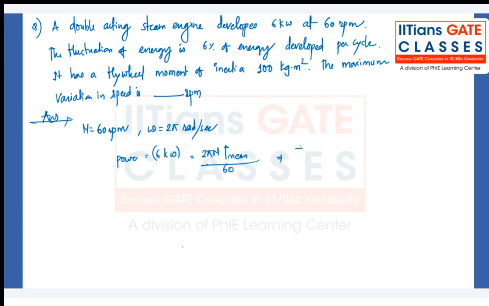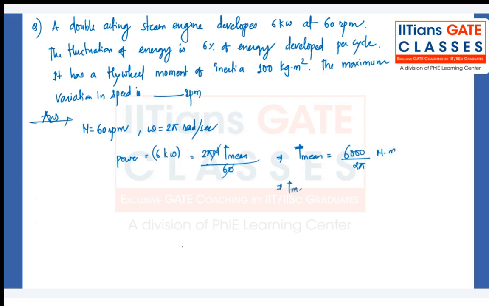So this implies T mean is 6,000. So N is 60, so this will get cancelled. 6,000 divided by 2 pi, I would say, Newton meter.